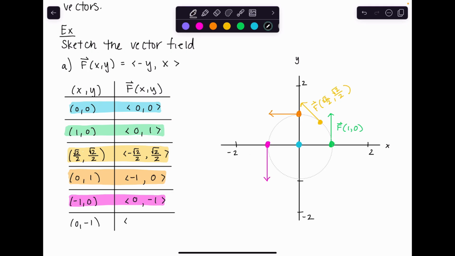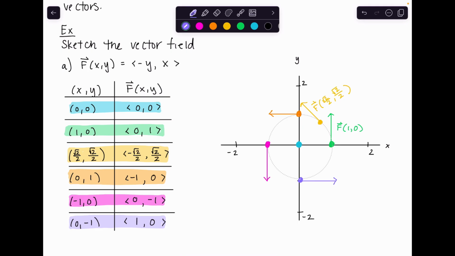And last but not least, we flip the point and then we negate the first component. So this really becomes positive 1. And that's down at that 270-degree angle, or the negative y-axis. And I move positive 1 in the x direction, nothing in the y.